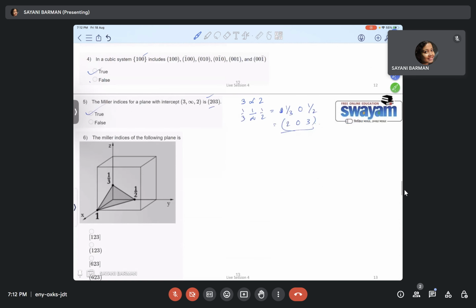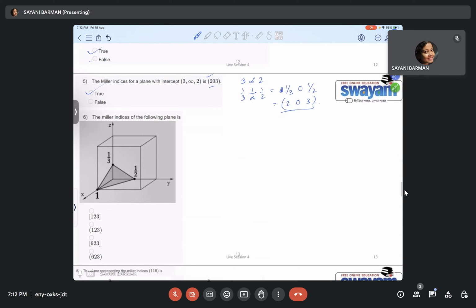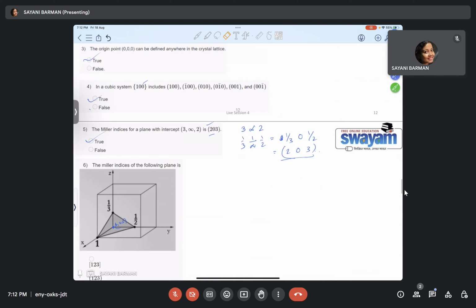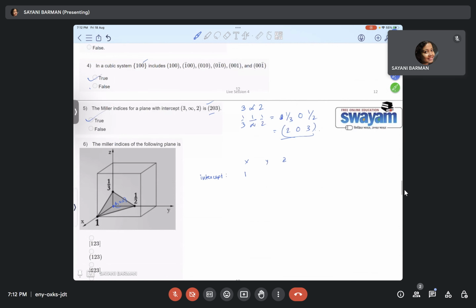The Miller indices of the following plane: if this is 0, 0, 0, then the x-intercept is 1, the y-intercept is half, and the z-intercept is 1 by 3.